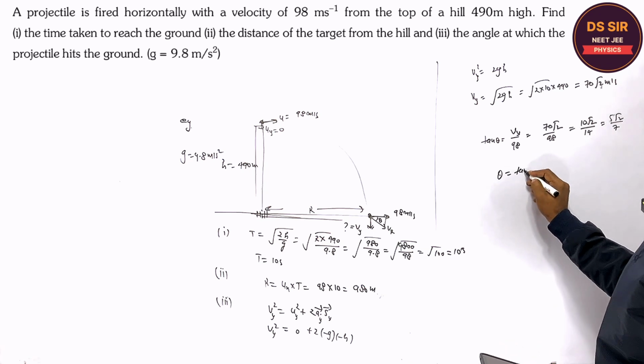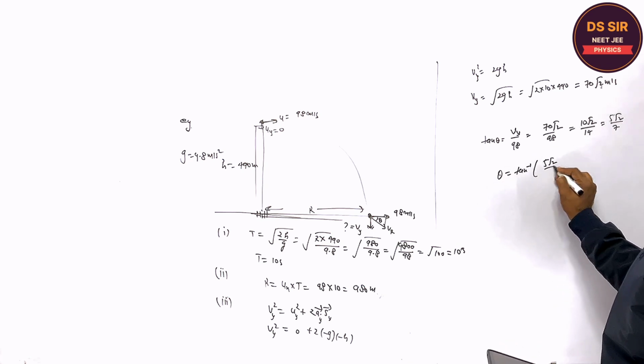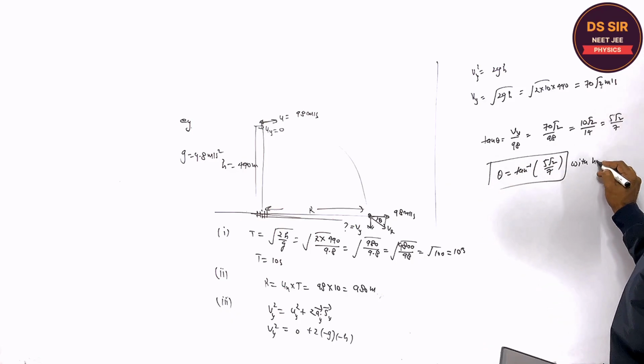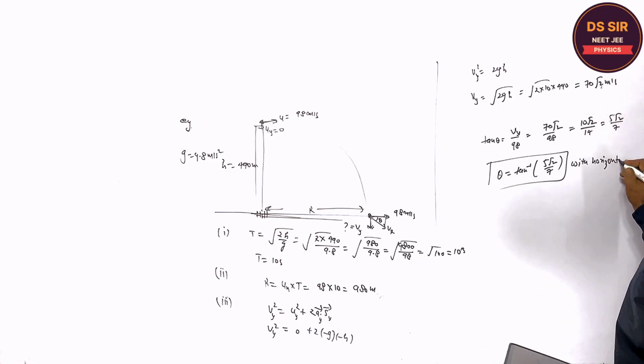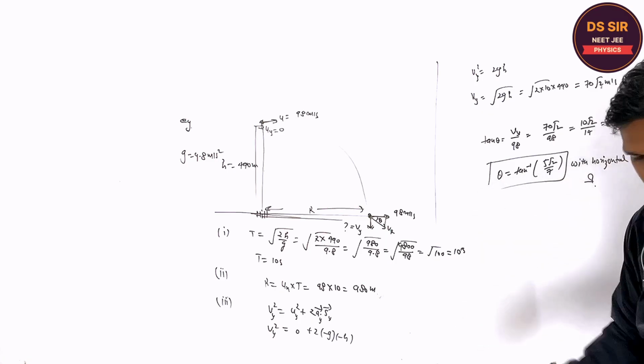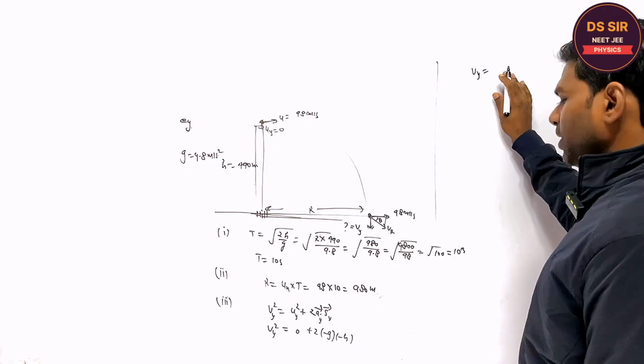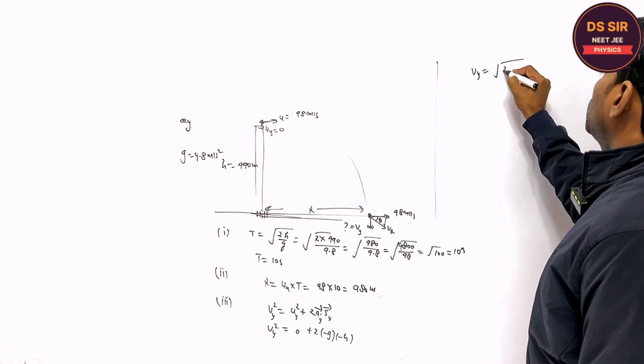So theta is tan inverse 5 root 2 upon 7 with horizontal. Copy this.